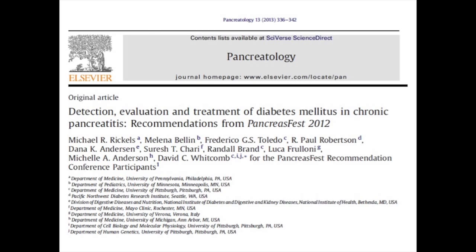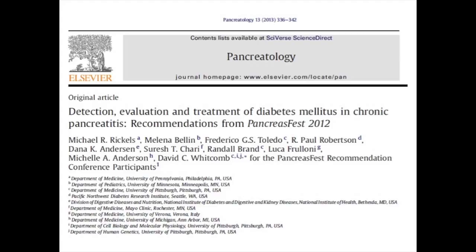In response to a need to understand this form of diabetes, particularly in association with chronic pancreatitis, Mike Rickles and his task force at the Pancreas Fest annual meeting over the course of a couple of years developed a number of inquiries, and a consensus conference was organized 2 years ago to address the prevalence, the diagnosis, the care of patients with pancreatogenic or type 3C diabetes caused by chronic pancreatitis.